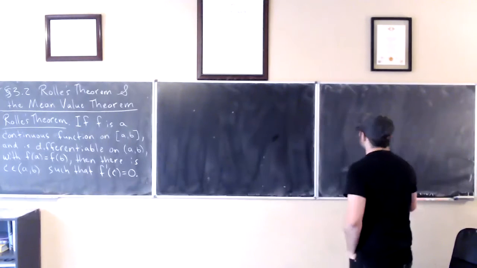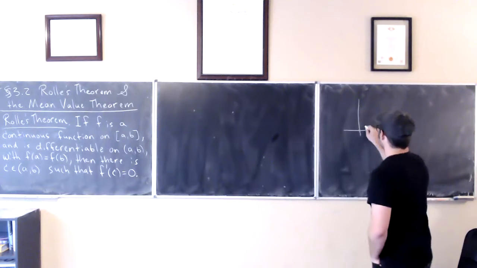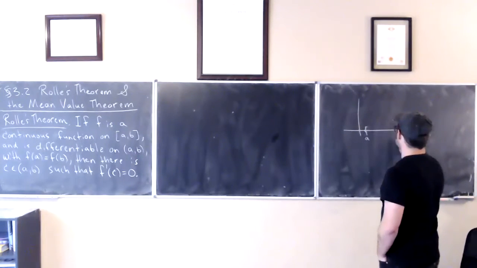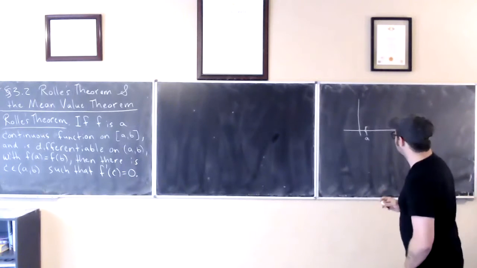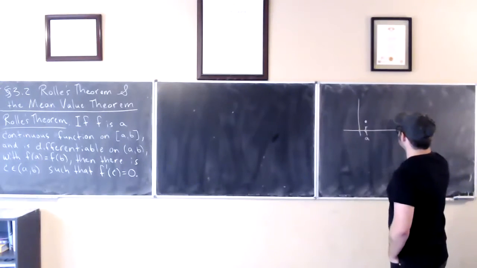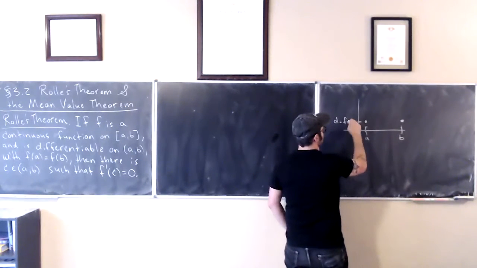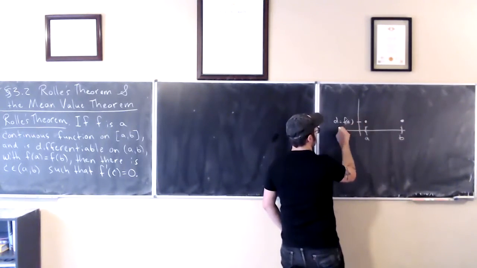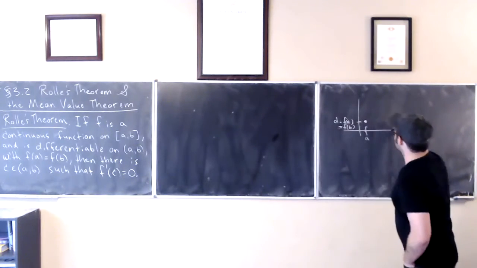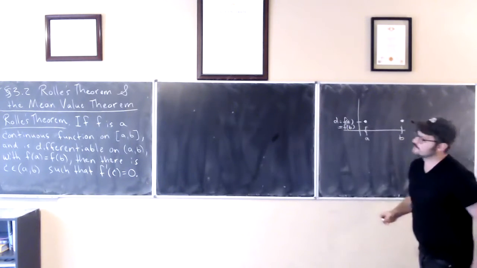Well, just imagine you have some closed interval [a, b], okay, and assume that maybe, say, D is equal to f(a), which is also equal to f(b). So evaluate the function at the endpoints, and it's the same.